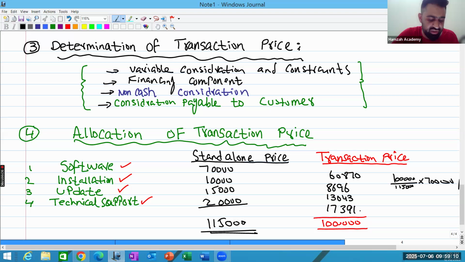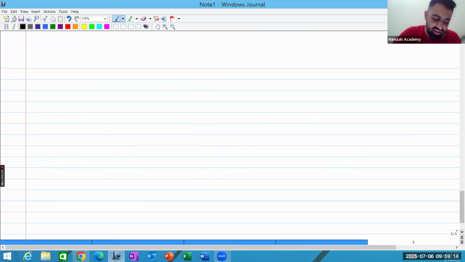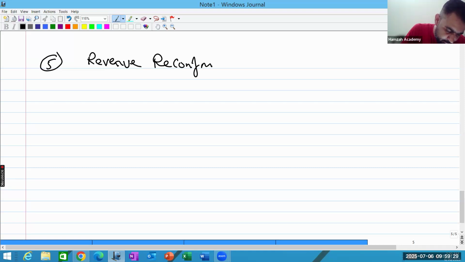Okay, that would be the fourth step, allocation of the transaction price. And then we will have the final step, step number 5, which is revenue recognition.